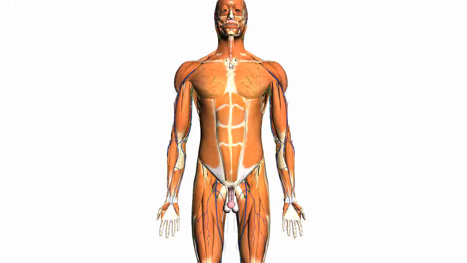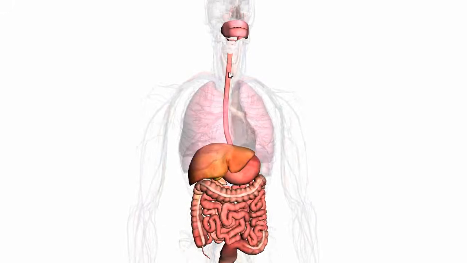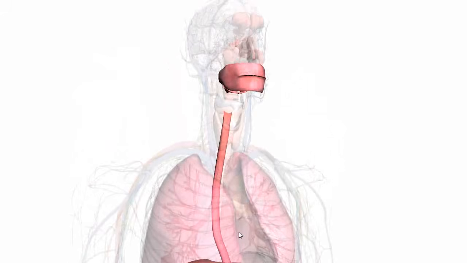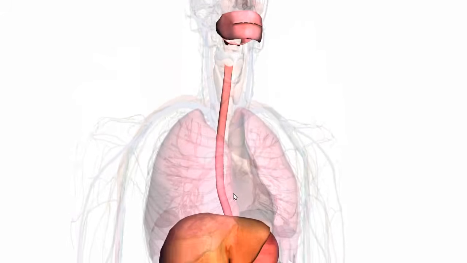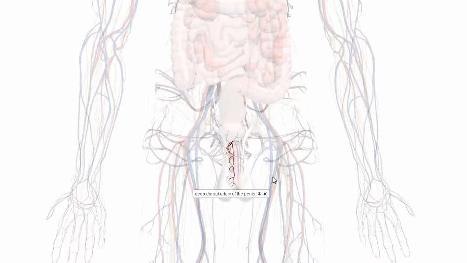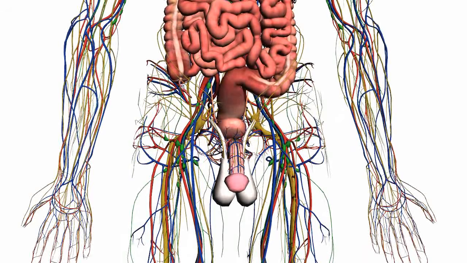So if we're talking about the digestive system, for instance, the digestive system origin, the mouth, is the most proximal part of the digestive system.